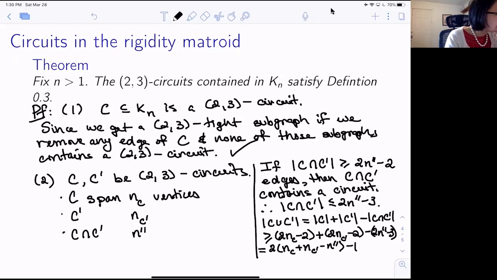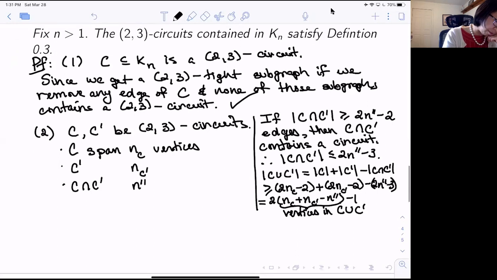So this here is the number of vertices in C union C prime using the principle of inclusion and exclusion.